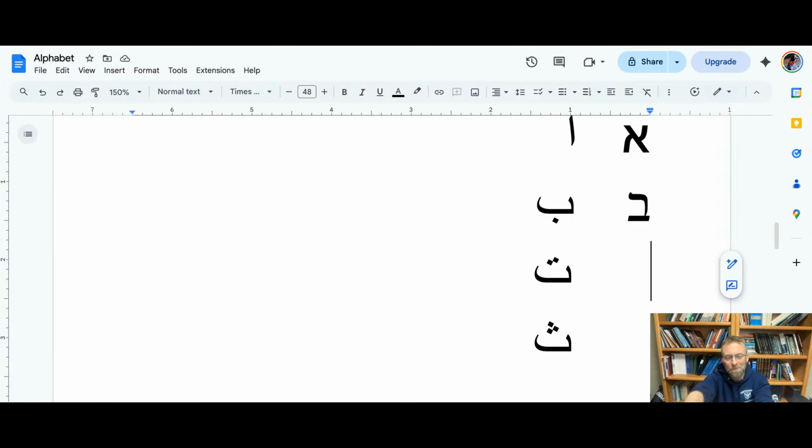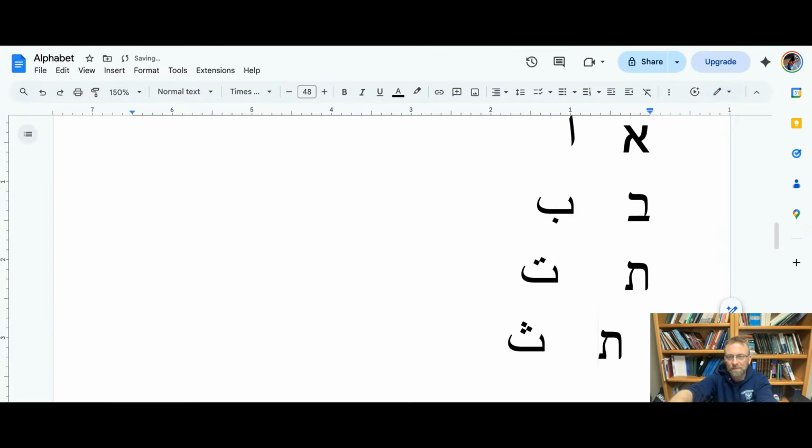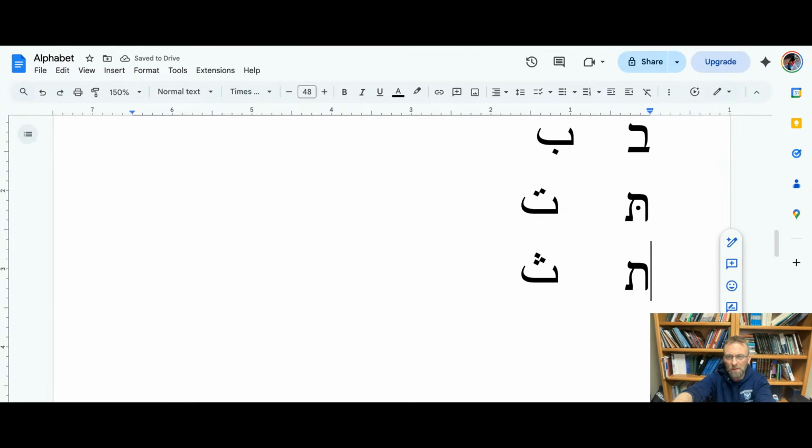And now, properly speaking, these most directly correspond with the Hebrew letter Tav, okay? This would be Tav with the Dagesh. This would be Tav without the Dagesh.